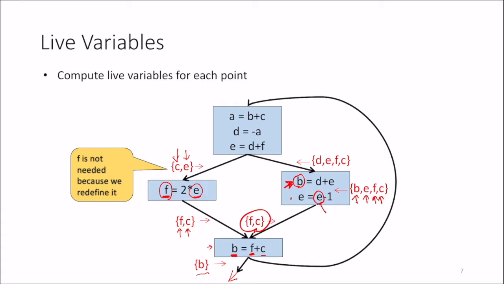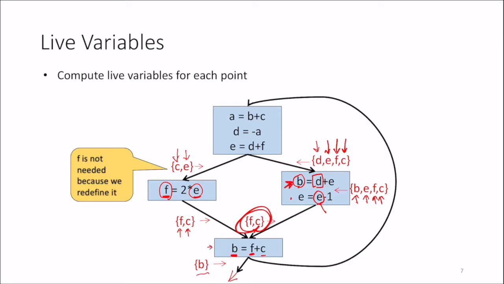We do need e, so we need f and c because we need it for this. And we need d because d is used as part of the input to computing b in that statement. So d is required as well. It has to be coming from the previous basic block or as the input to this function or program.